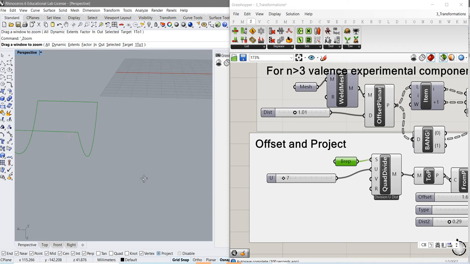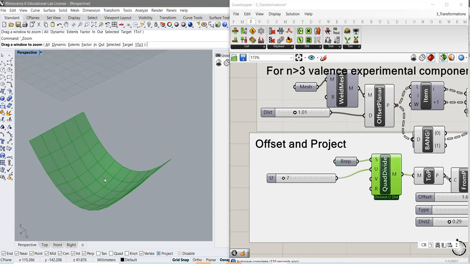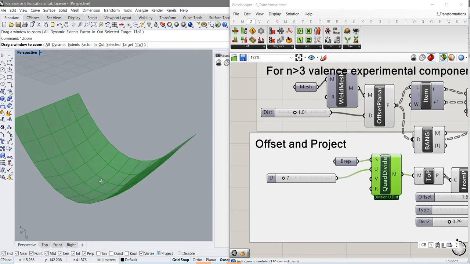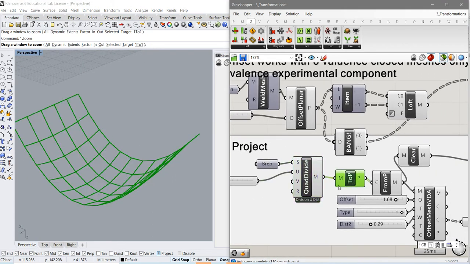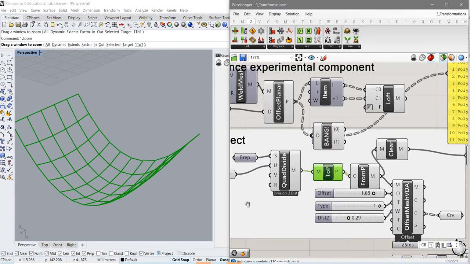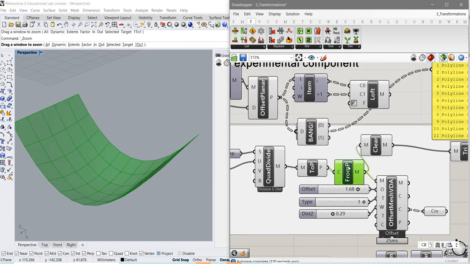Okay, anyway, the shape. Quadrangle division. Okay, we divide the quadrangles with the U value. To polyline, convert them into polylines. And then make them meshes again. Why?